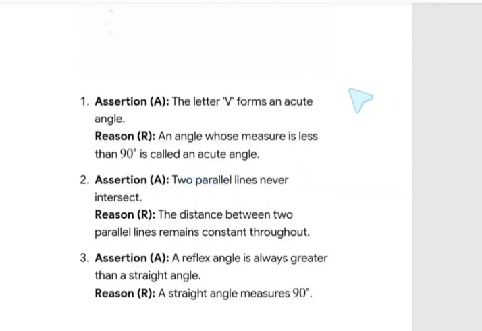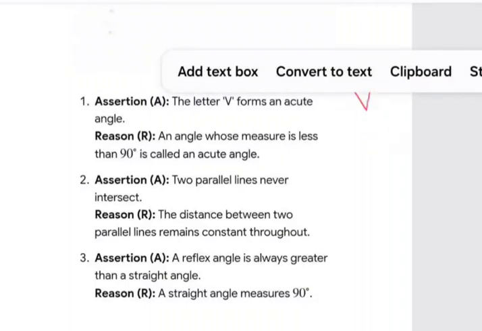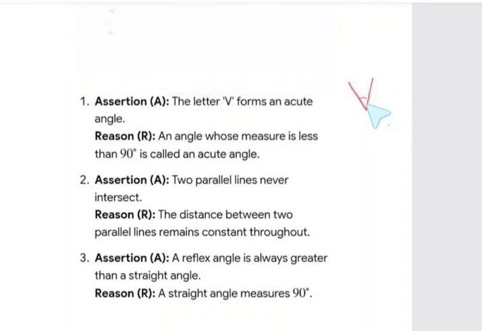Yes, the assertion is right because it is less than 90 degrees, and the reason explains the same. So assertion and reason are true and the reason is the correct explanation of the assertion.